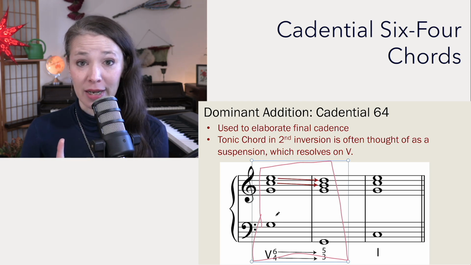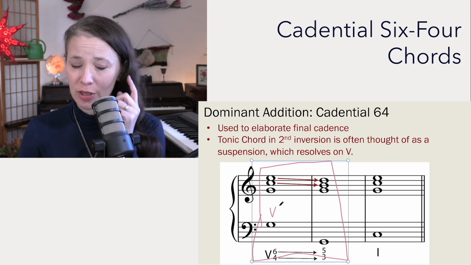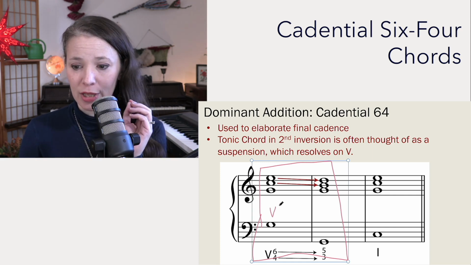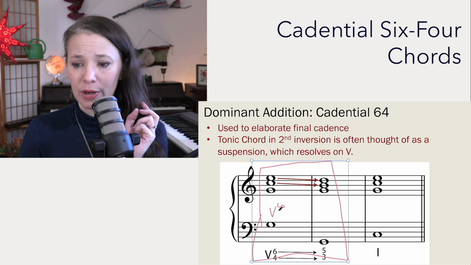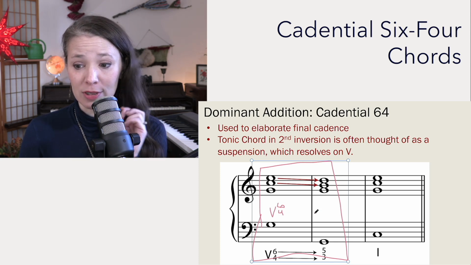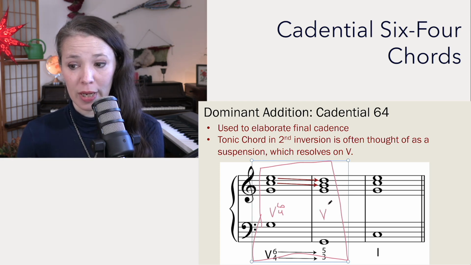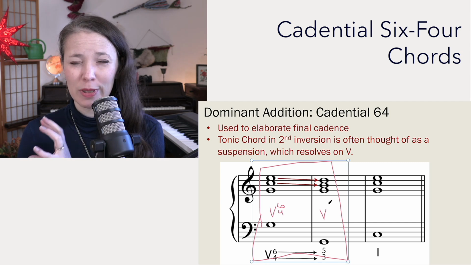Now in Aurelia, you have to notate them separately, even though in our brain we're thinking of them together. You have to just do a little workaround and notate the cadential 6/4, so the 5/6/4 as a 5/6/4, and then you're going to have to mark in the 5 separately. Okay, so you have to be of two minds of it.